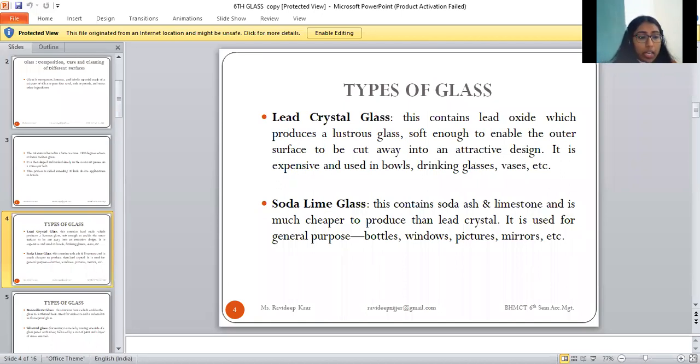So soda lime glass is cheaper than lead crystal glass, which is expensive. These are the things we get from soda lime glass: bottles, windows, and mirrors.